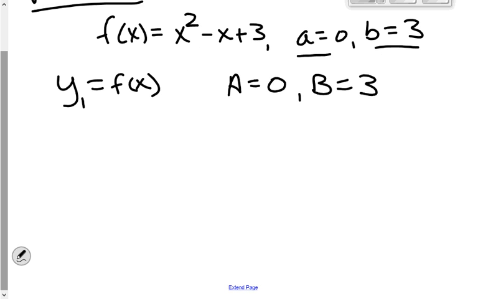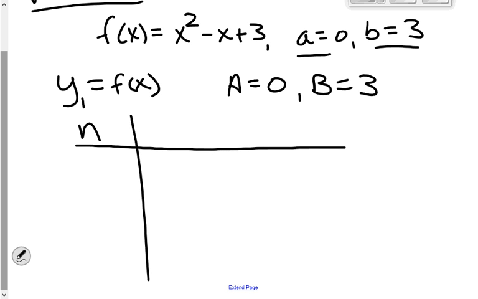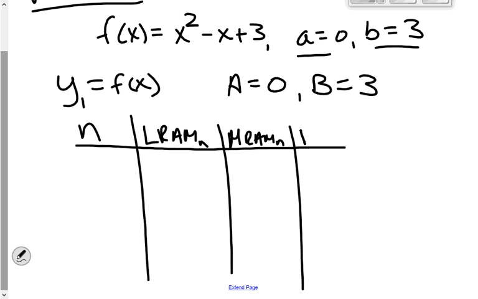So let's start off with n equals 10. The whole idea here is we're going to see what happens to LRAM, MRAM, and RRAM as we let the number of subintervals increase.